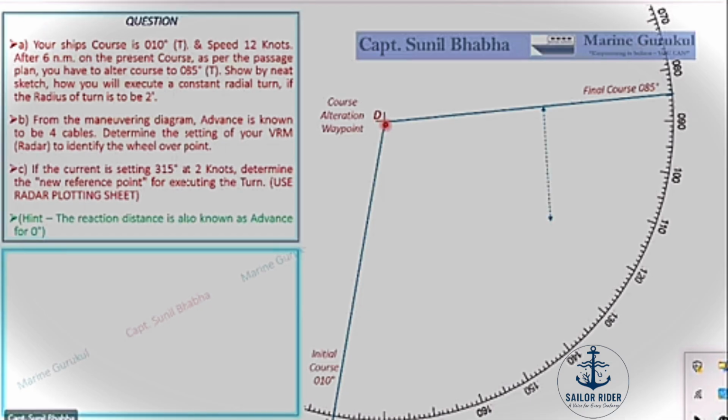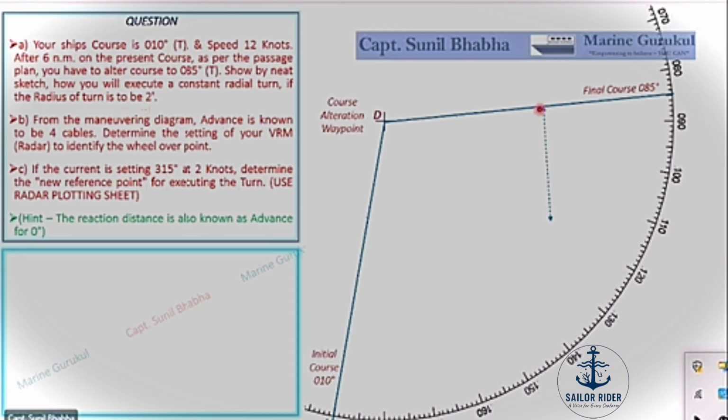Now we have learned the method of making the curved path. You can pick up any particular point on your final course. I have picked this particular point and I am keeping my compass at this point. Now I open up my compass equal to my radius of the turn, which is given as 2 nautical miles.